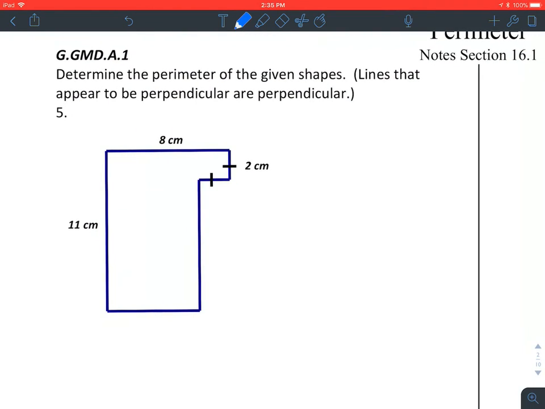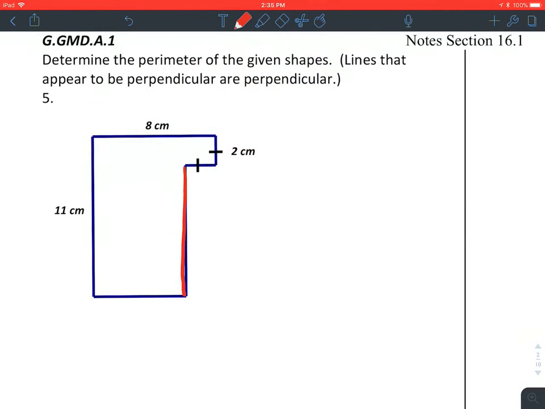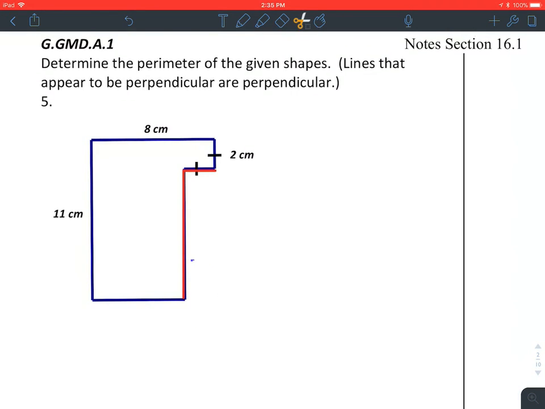Number 5, determine the perimeter of the given shape. Lines that appear to be perpendicular are perpendicular. Lots of ways you can do this correctly. Here's what I'm going to do. I'm going to take this segment, pull it over here. I'm going to take this segment and pull it down here.